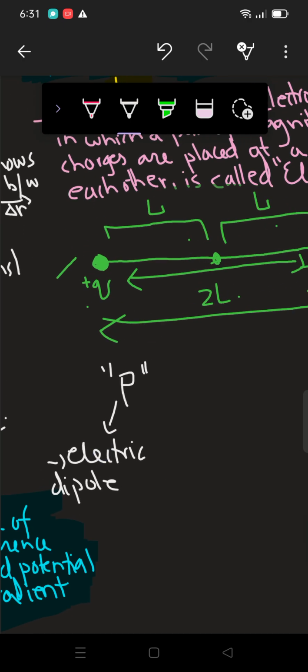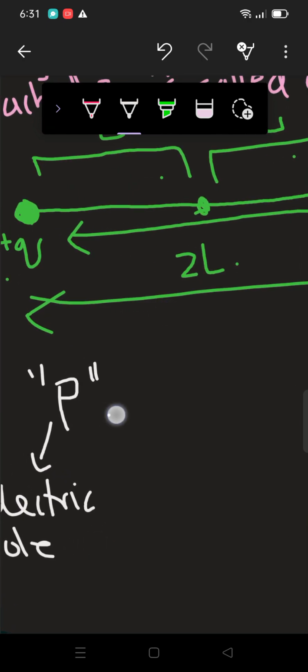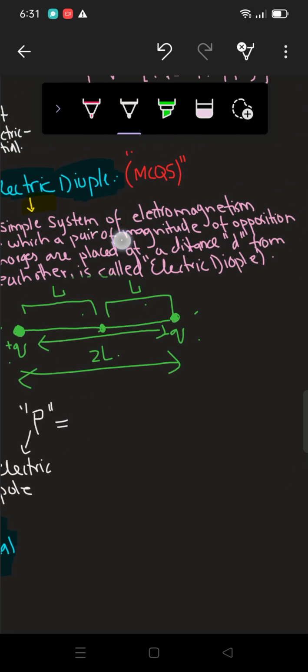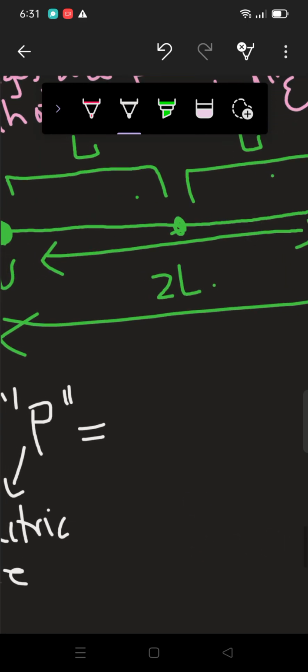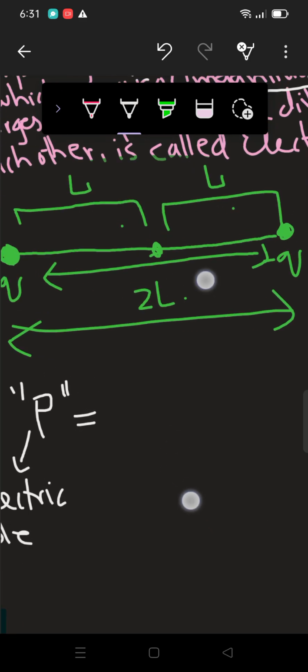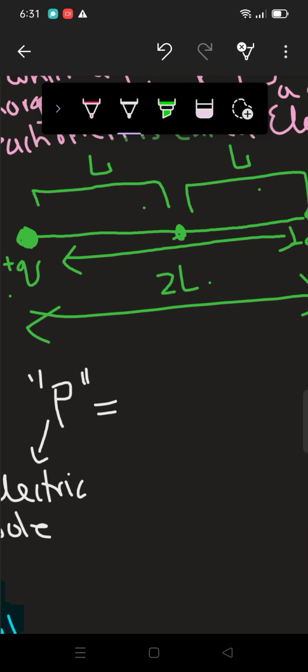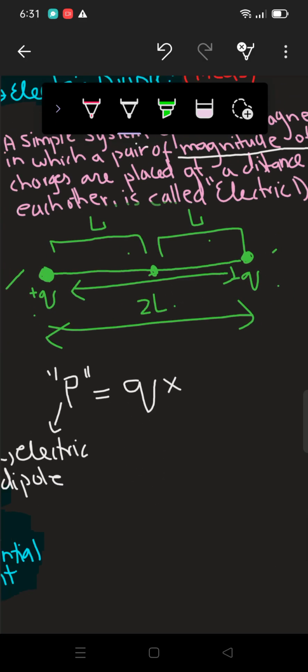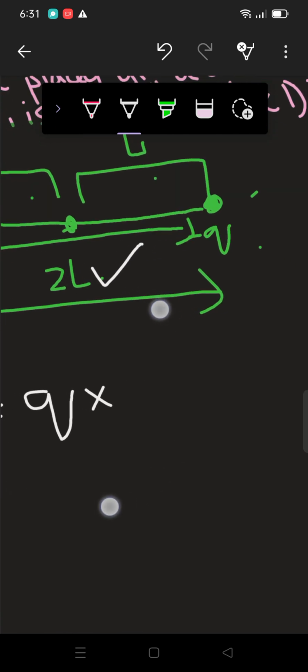It is equal to the magnitude of the opposite charges, which means those two charges are multiplied. I'm not going to take two charges here; we need to take the magnitude of the charges, which means only Q, into the distance between them, which means 2L.